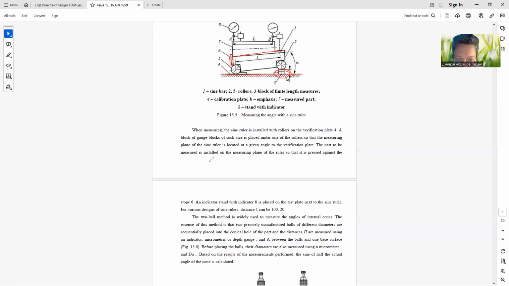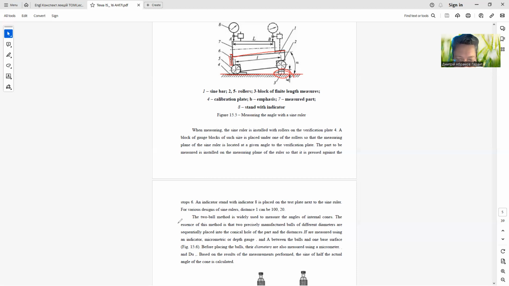An indicator stand with indicator 8 is placed on the test plate next to the sine ruler. For various designs of sine rulers, distance L can be 100 or 200.